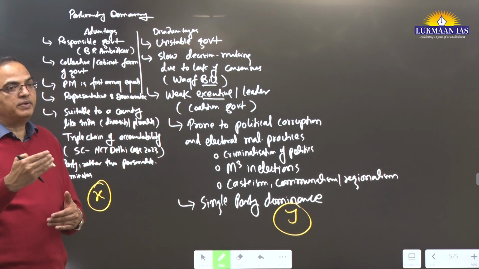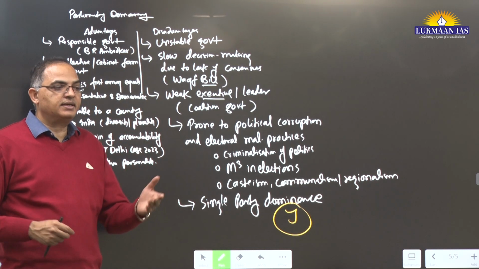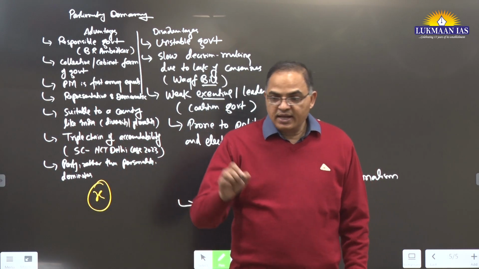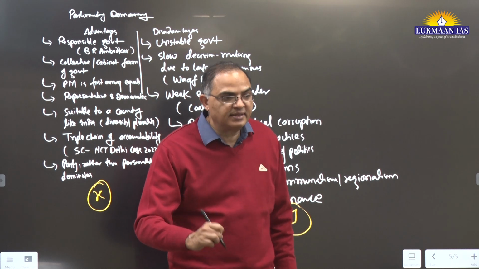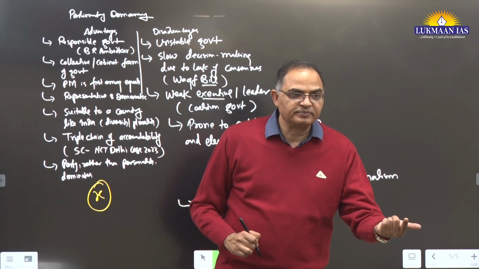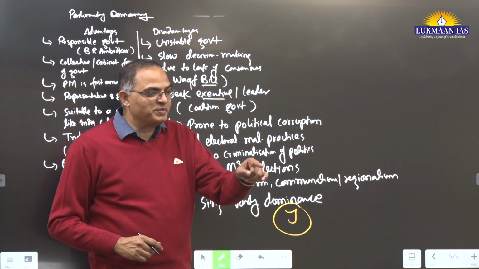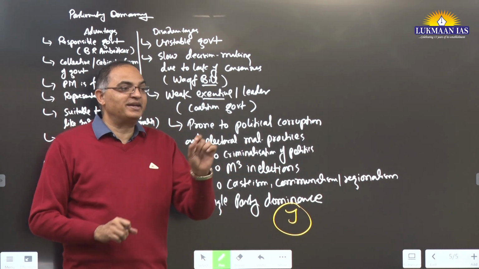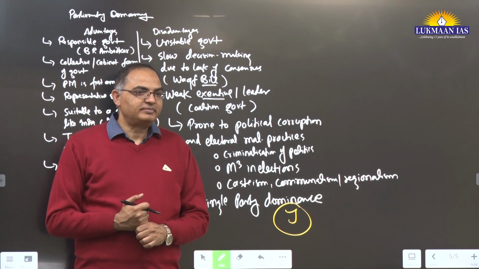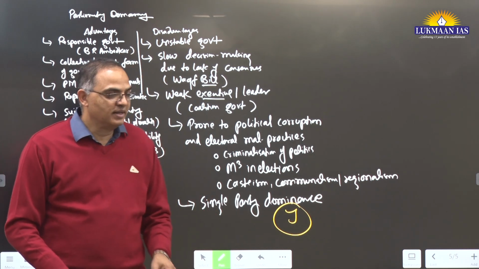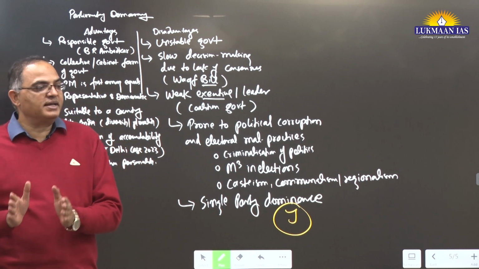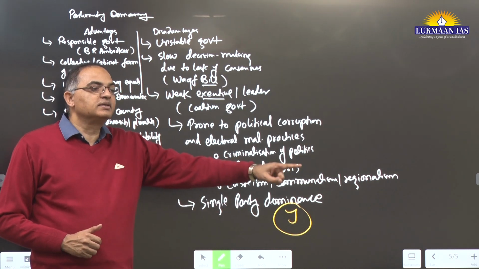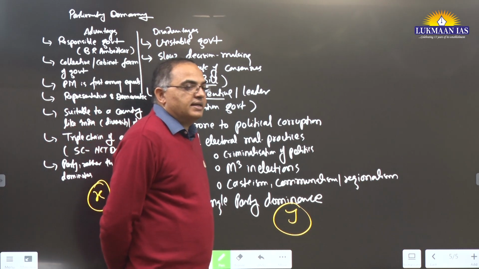Later on, one day we will talk about how the cabinet takes decisions. After the 44th Amendment Act it was written that unless the cabinet gives it in writing, there cannot be an emergency. The government, the prime minister, cannot impose an emergency if the cabinet does not give it in writing. This is called the collective form. In this form the party dominates; people cast their vote on party, not personality.